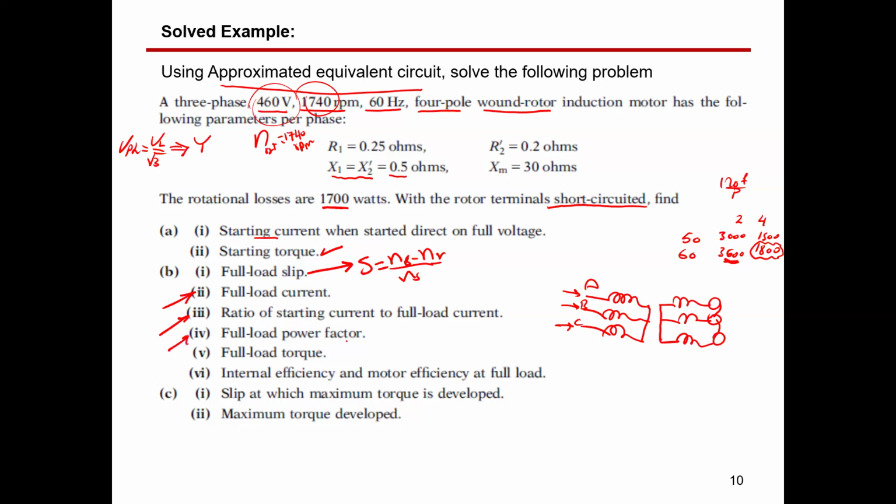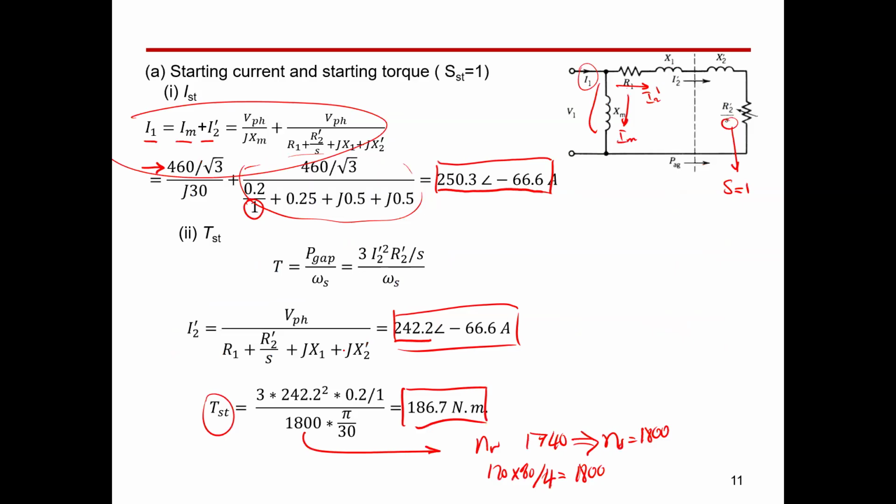Then find the full load power factor. And I would like to calculate also the starting power factor, because this is going to give you some understanding for the power factor values at starting and at steady state. So let's calculate firstly the power factor at starting.